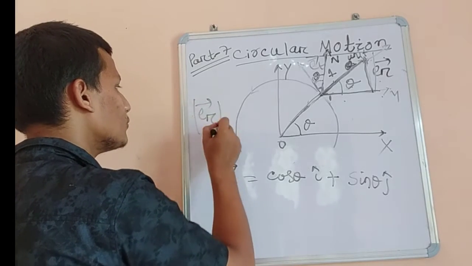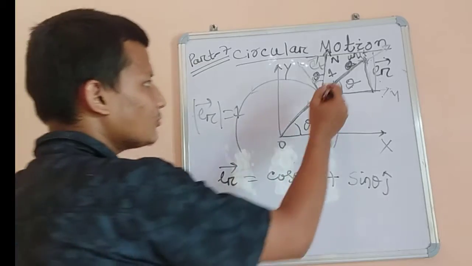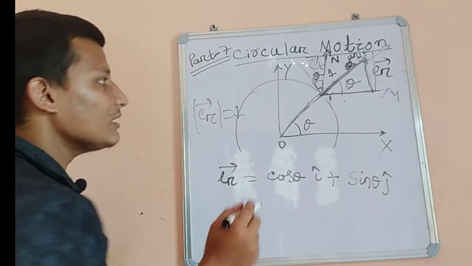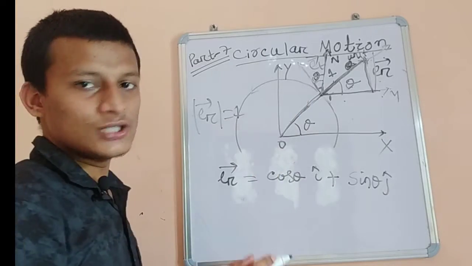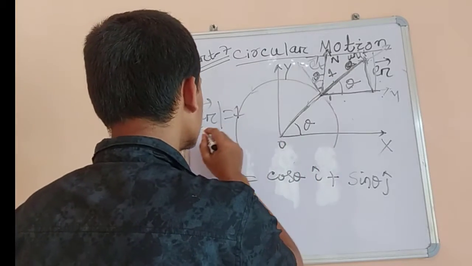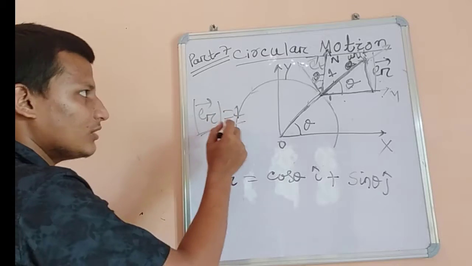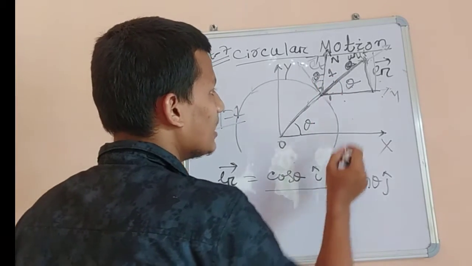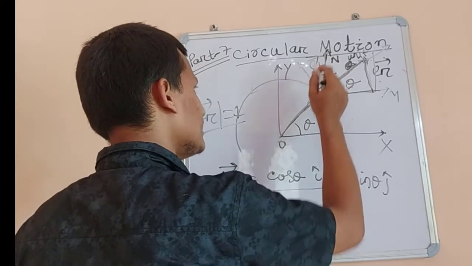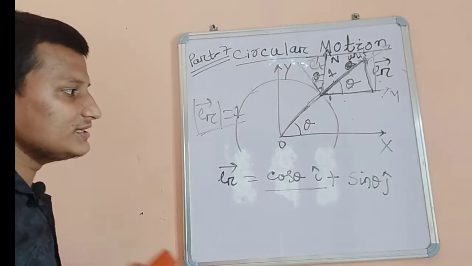We only have to take its magnitude into account. So its component along the positive x-axis is cos theta, and the component along the positive y-axis is sin theta.